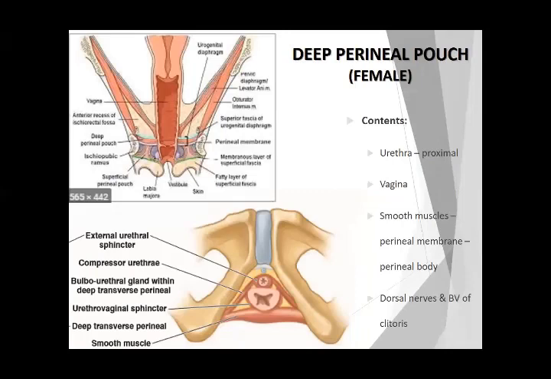What is there in females? In females, first the proximal part of the urethra comes here. Then you have the vagina. And then of course, this is where the deep transverse perineum in the males was present. In females there's a difference. The deep transverse perineum is not well developed in females.